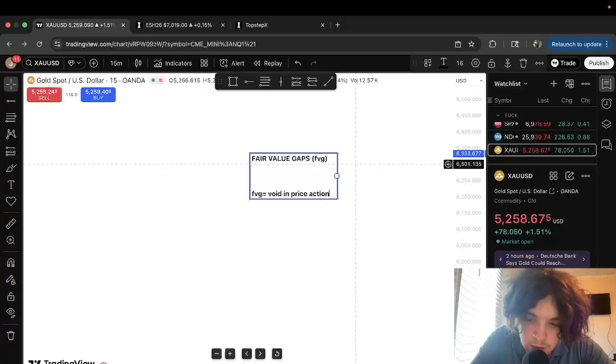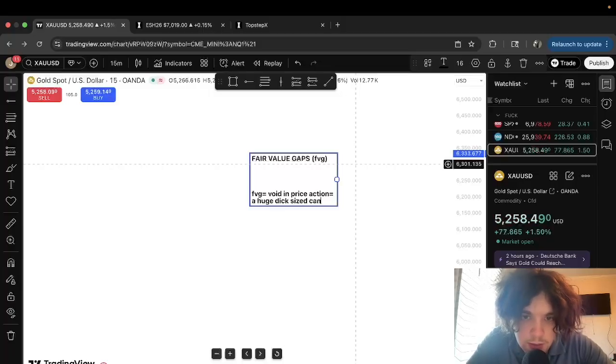Meaning a big sized candle. There we go.